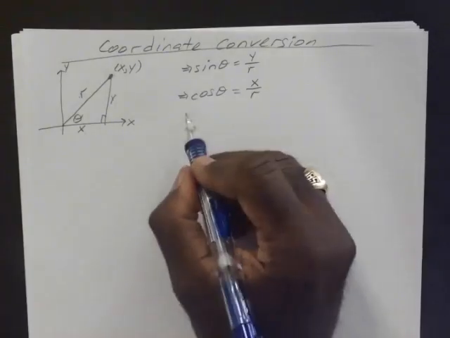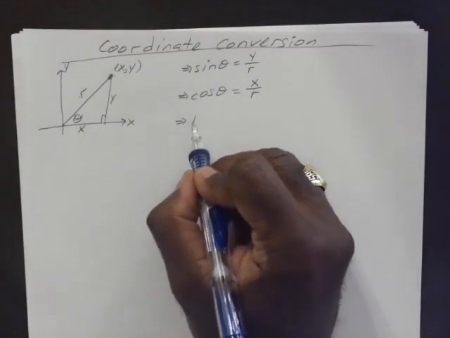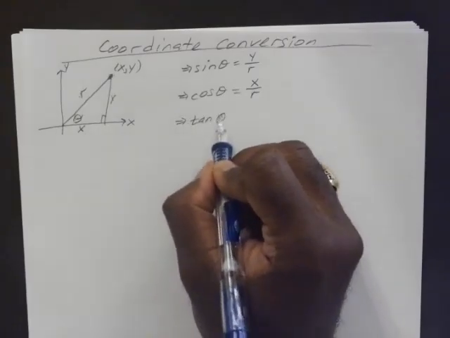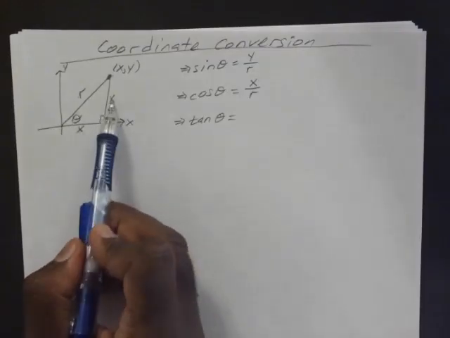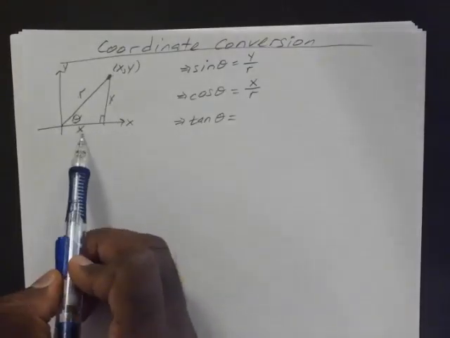Well, the adjacent is x, and the hypotenuse is r. And tangent is opposite over adjacent. So tangent would just be the opposite, which is y, over the adjacent, which is x.